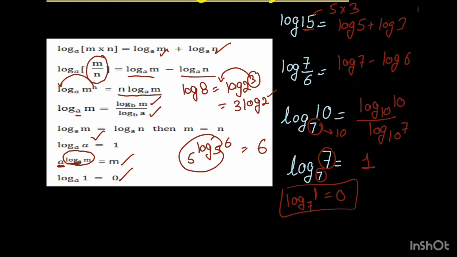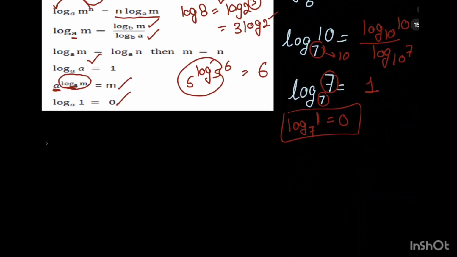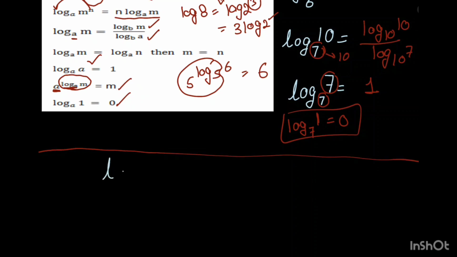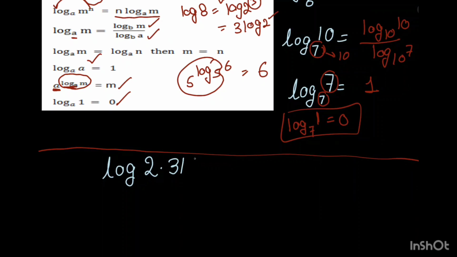Okay. After the formulas, we will start with the problems of logarithm. Before that, let us understand the basic concept. In the log function, for example, I have to find the value of log 2.31. In this term, I have two things. One is called characteristic and the second is called mantissa.